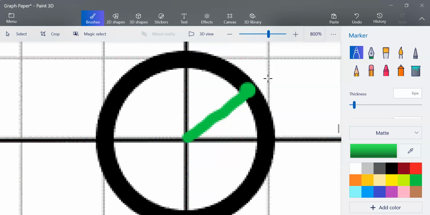E to the ix, how do I find that? Well, cosine of x gives me how far out I should go. Sine of x gives me how far up. And by the way, when I say x, I really mean this angle here.